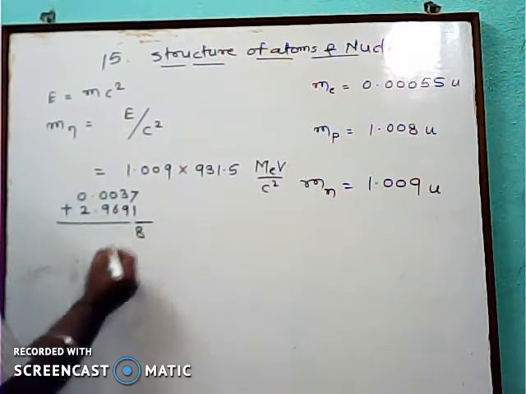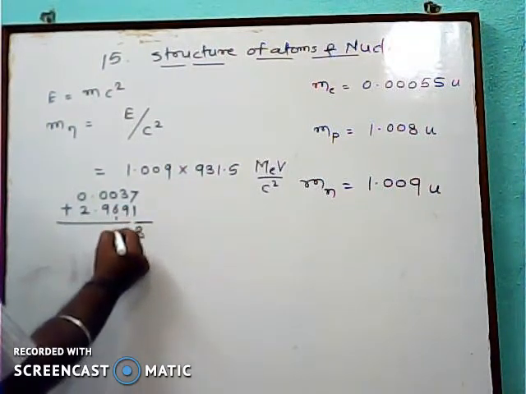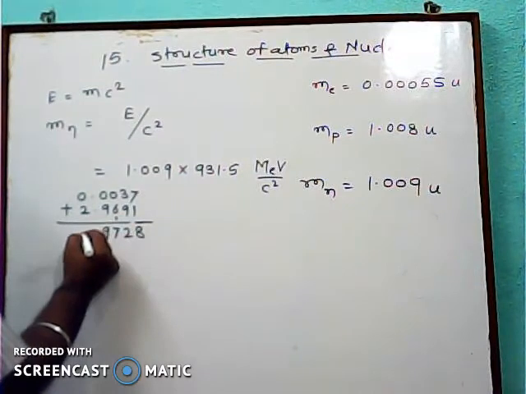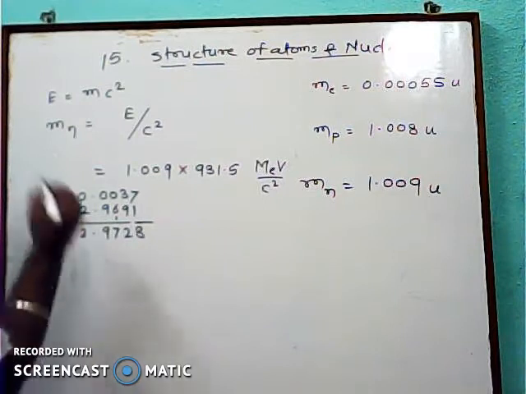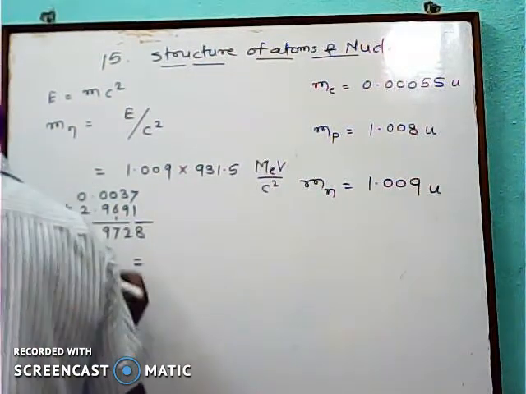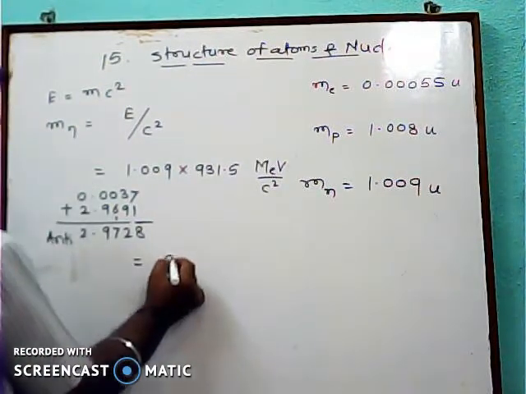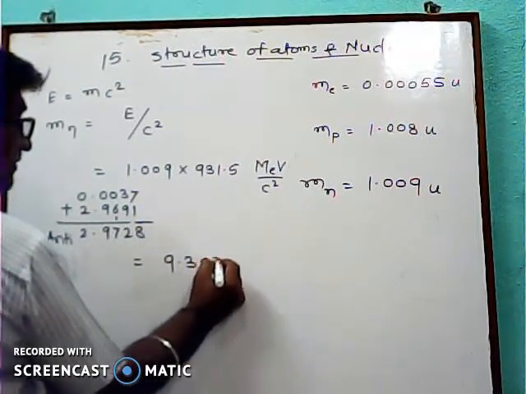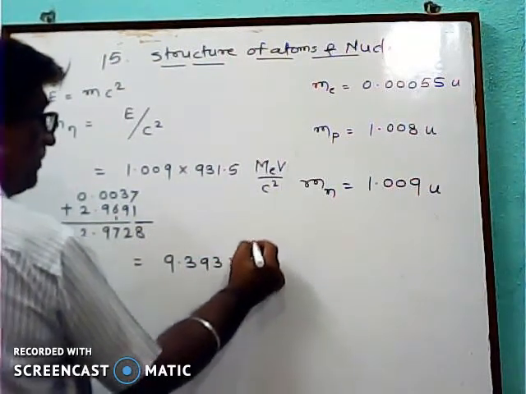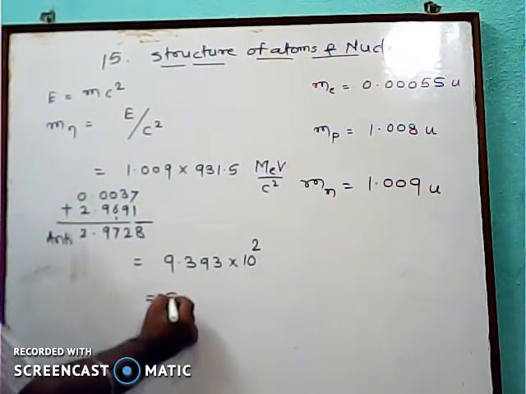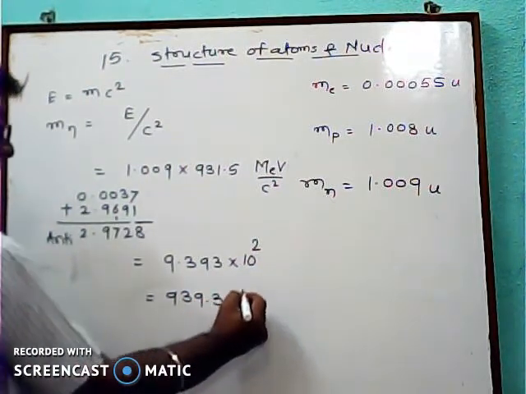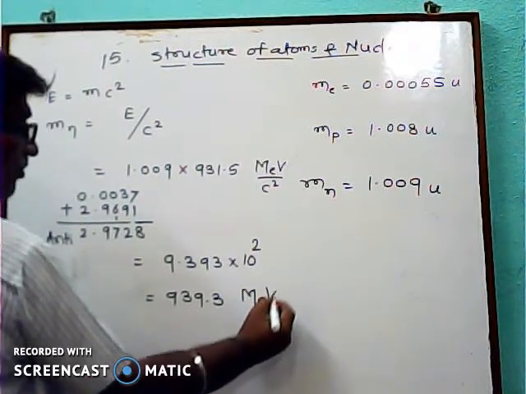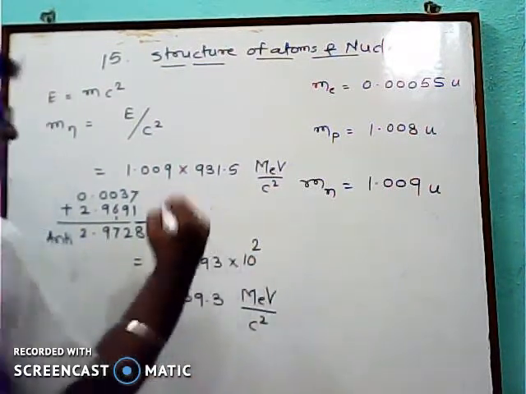So addition will be 8, 12, 7 and 9, and here 2 is there. If we take its antilog, it will be 9.393 into 10 to the power 2, so that mass will be 939.3 mega electron volt per c square.